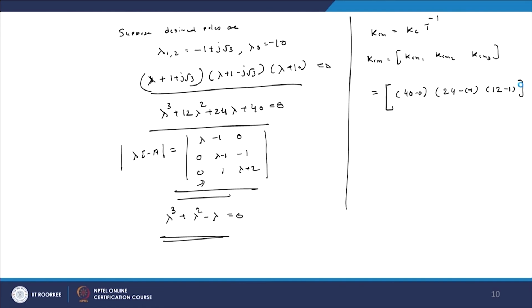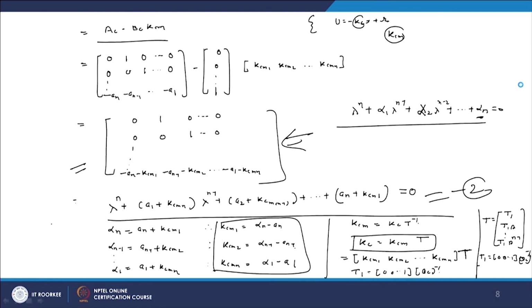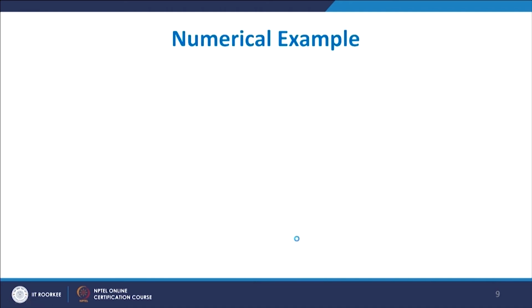So, this KCM is determined from the equation alpha n minus a n, alpha n minus 1 minus a n minus 1, and so on, where the alphas are the desired coefficients and the a's are the coefficients of the original characteristic equation.